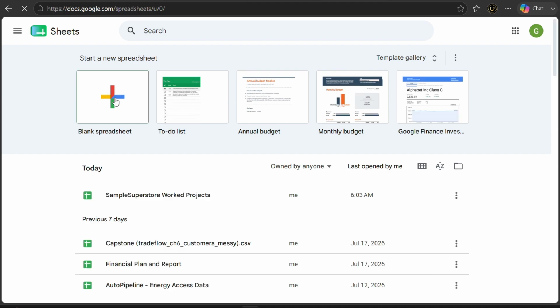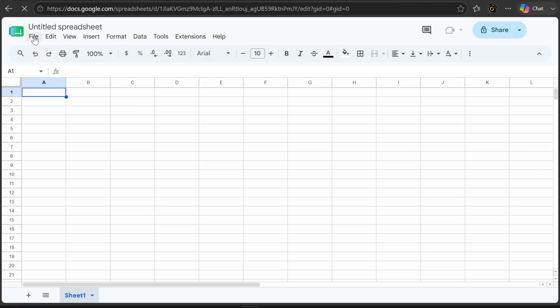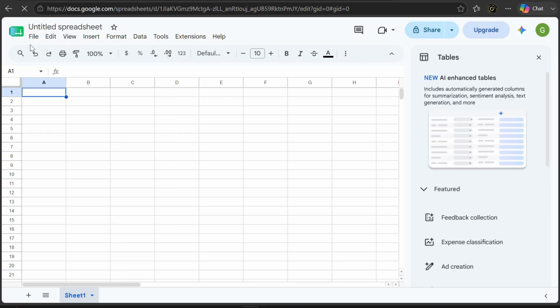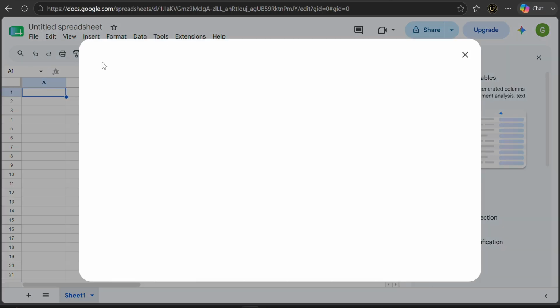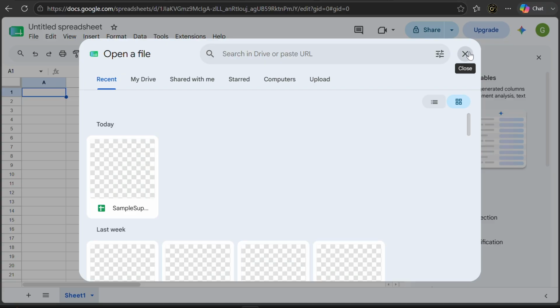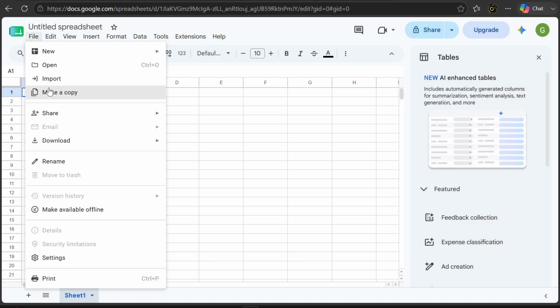So I'm going to open a blank sheet, and we'll try to import the one that we just downloaded. Or we can even open one that already exists on our system. I think let's import it.